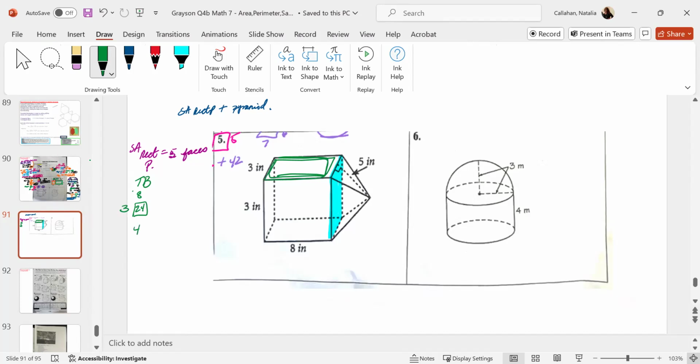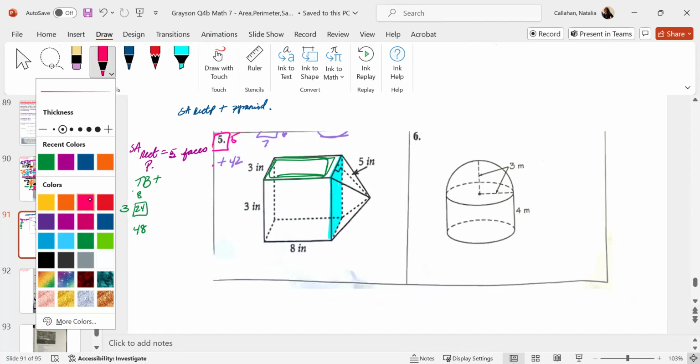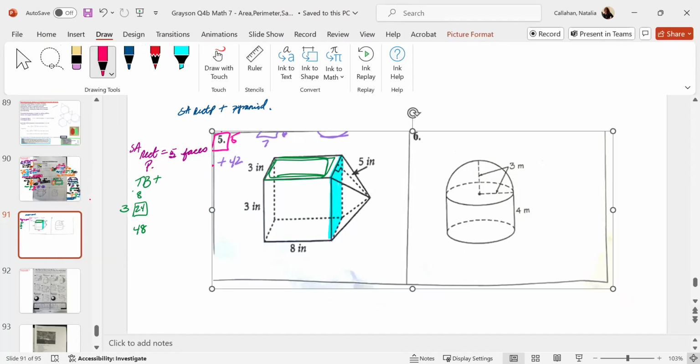What's your area? There's 2 of them. There's 2 of them. So what's the top and bottom? What's the 2 sides? 3. Good. Now times that by 2, which is what? 48.